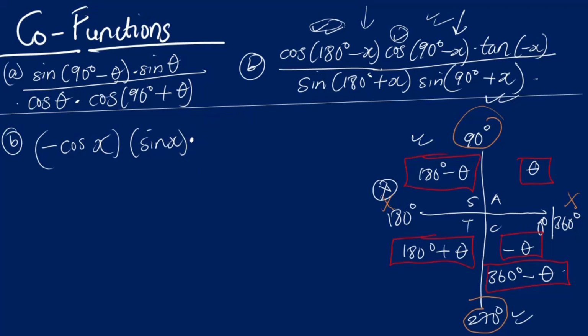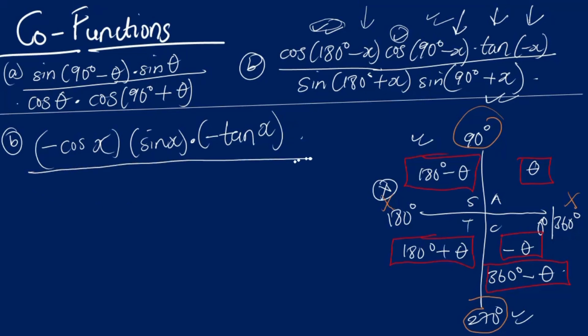So next, multiplied by the tangent of negative theta. Where is negative theta? The fourth quadrant. Is the tangent positive there? No, the tangent is negative there. So it's the negative tangent of x. See that? Beautiful, beautiful. And then now we have this one, the sine of 180 degrees plus x.